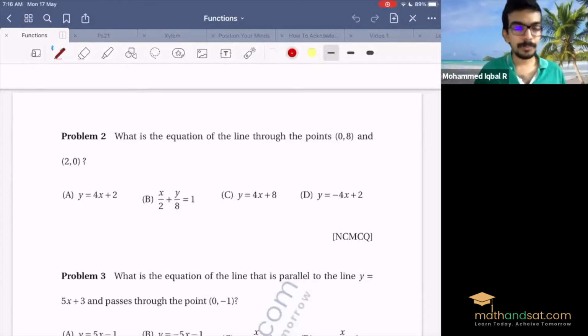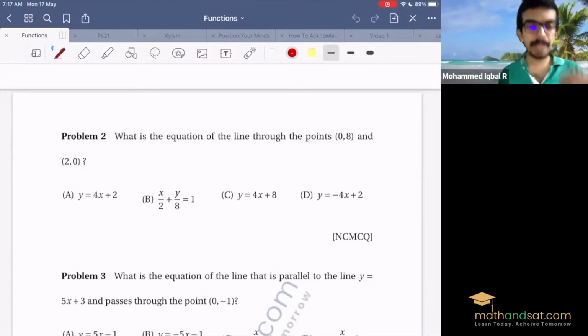Did you guys have a look at this question? The equation of the line through the points 0, 8 and 2, 0.